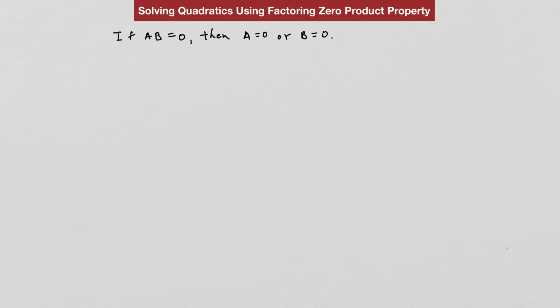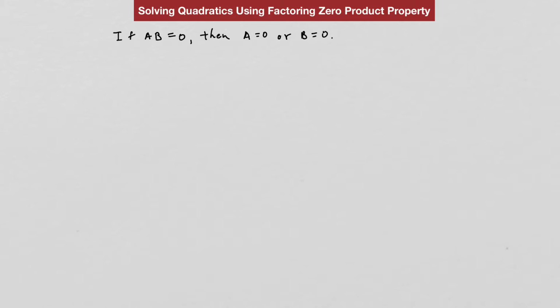Okay, I believe that's pretty straightforward and it makes sense. So basically, when you're multiplying something, one of the numbers has to be 0 in order for that product to be 0. Okay, so we're going to apply that concept to factoring and solving for a quadratic equation.